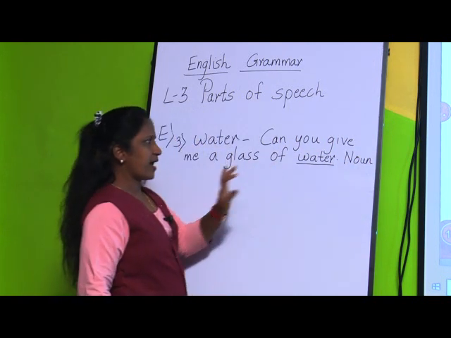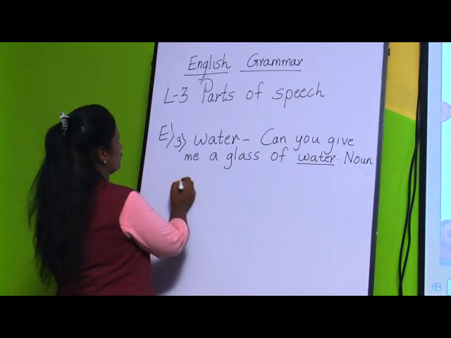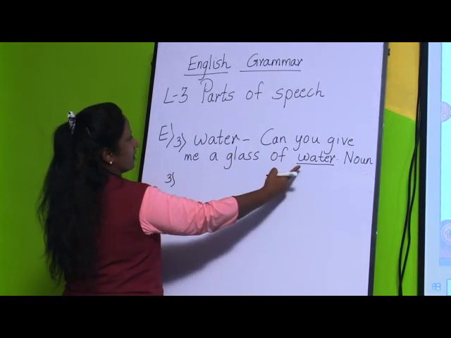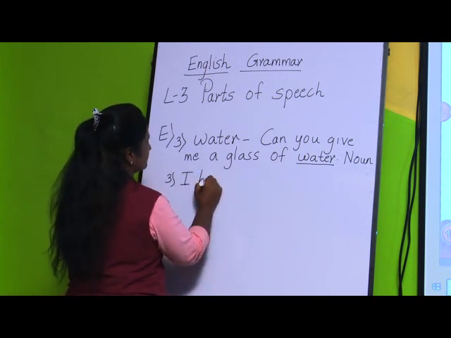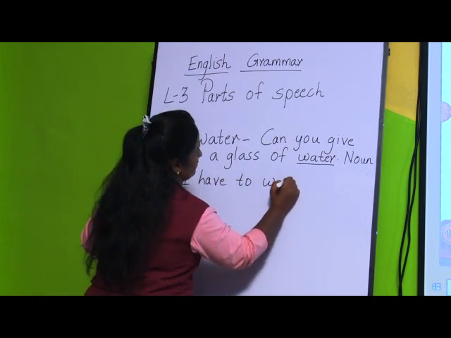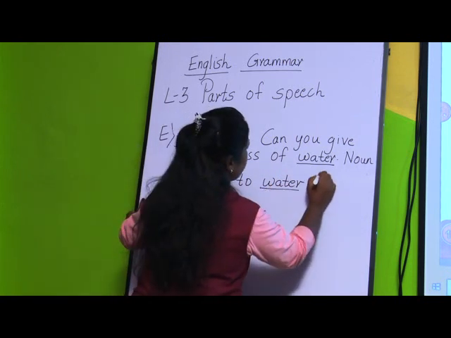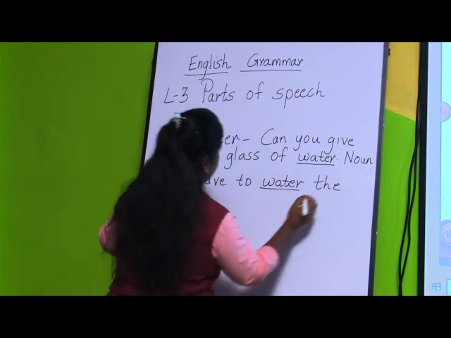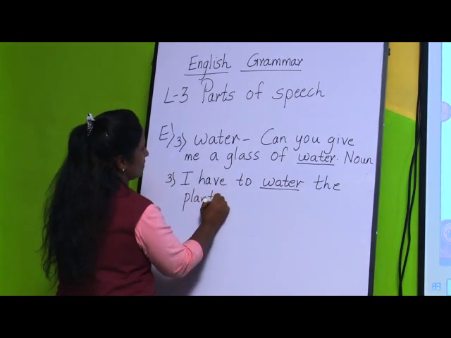Now the same word I am going to use as a verb. I have to water the plants. And it is very necessary, children, isn't it? We have to water the plants daily.